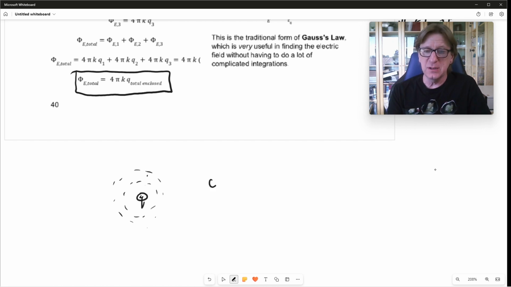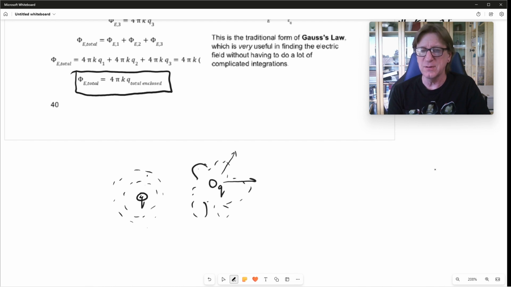Well, then we said, okay, we can argue that any kind of funky shape, any parts of this, so my electric field is still going to be this way, but any parts that aren't parallel to the area vector, so for example, let's draw it right here.